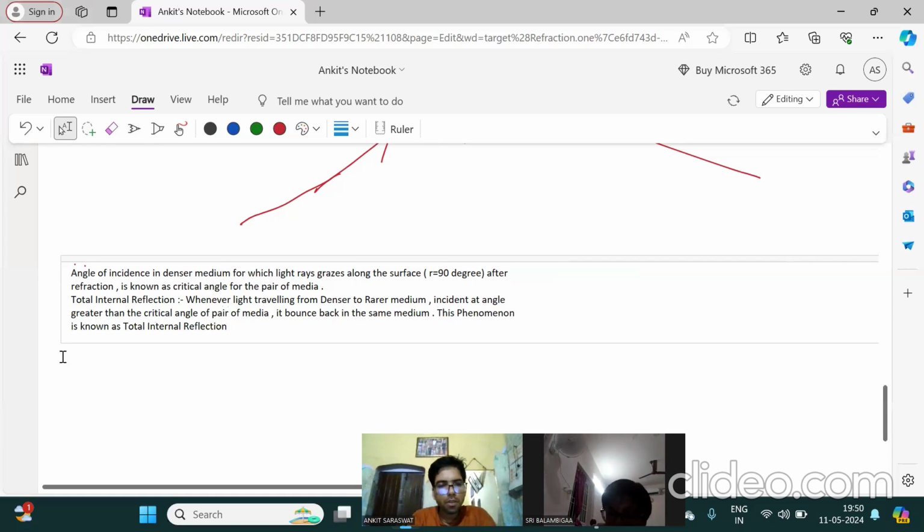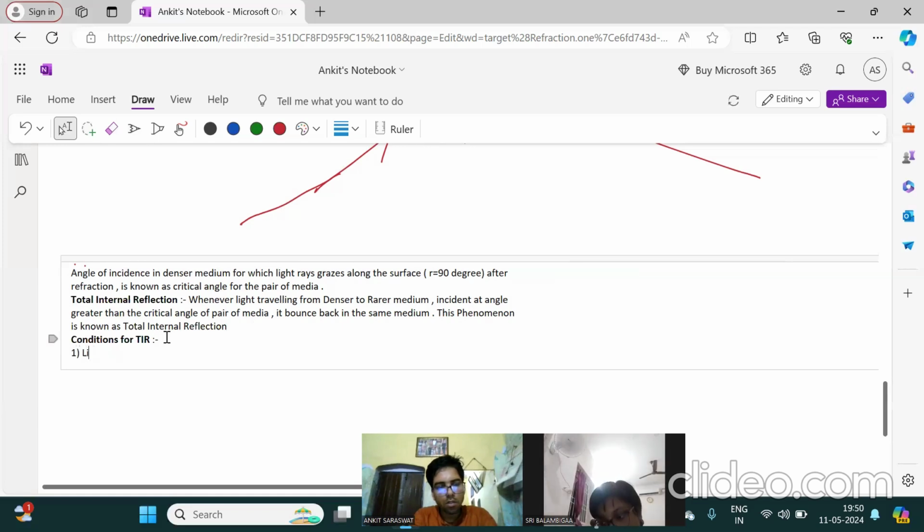Clear? Now write down what are the conditions for TIR. This is very important. So what is the condition after looking at this figure? First condition is, write down, light must travel from denser to rarer medium.